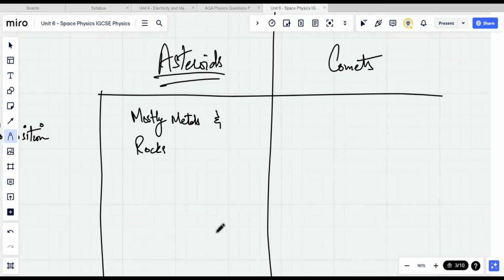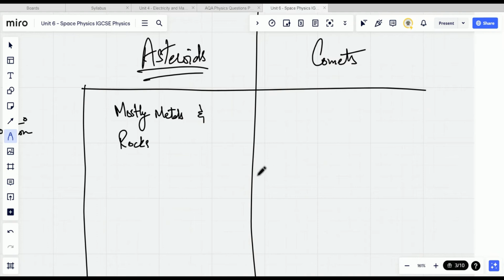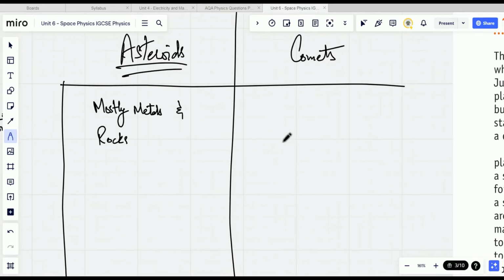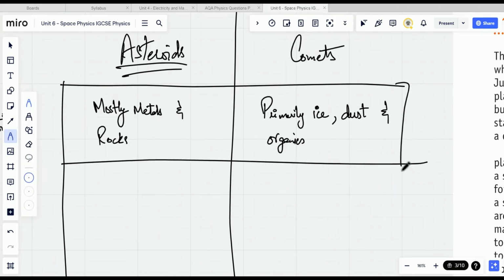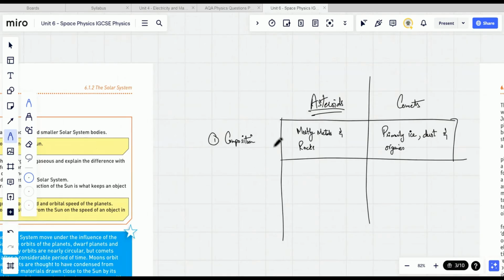It was a very big asteroid which brought the extinction of the dinosaurs. Comets, on the other hand, are basically made up of ice, dust, and other organics. These are not metals or rocks. This is the main difference between them. Is this clear to you all? The main difference about the composition?